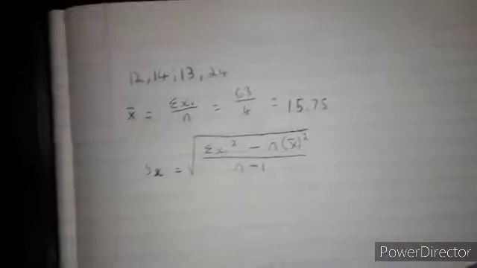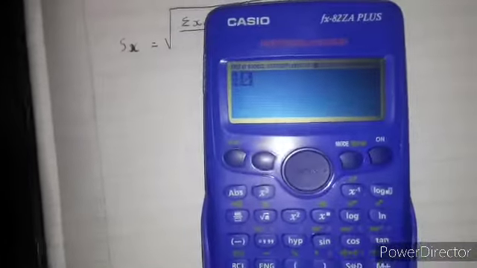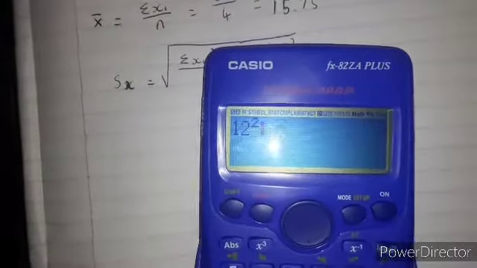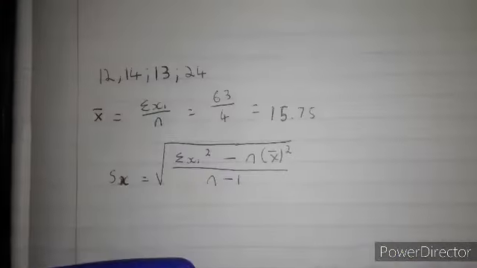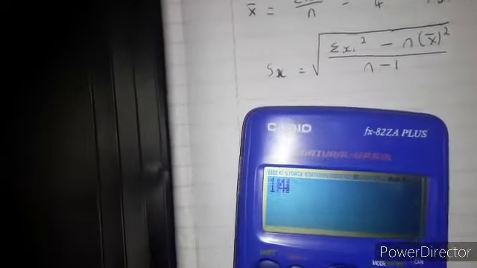So 12 squared is equal to 144. Then 14 squared is 196.